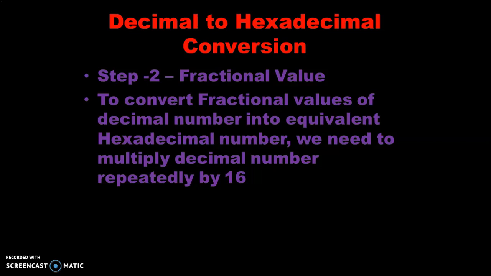So for converting the fractional value of a decimal number into equivalent hexadecimal, we have to go for repeated multiplication. For integers we go for repeated division, that is our ladder system. In case of fractional values, we go for repeated multiplication. Now let us take one decimal number, and that is an integer number.